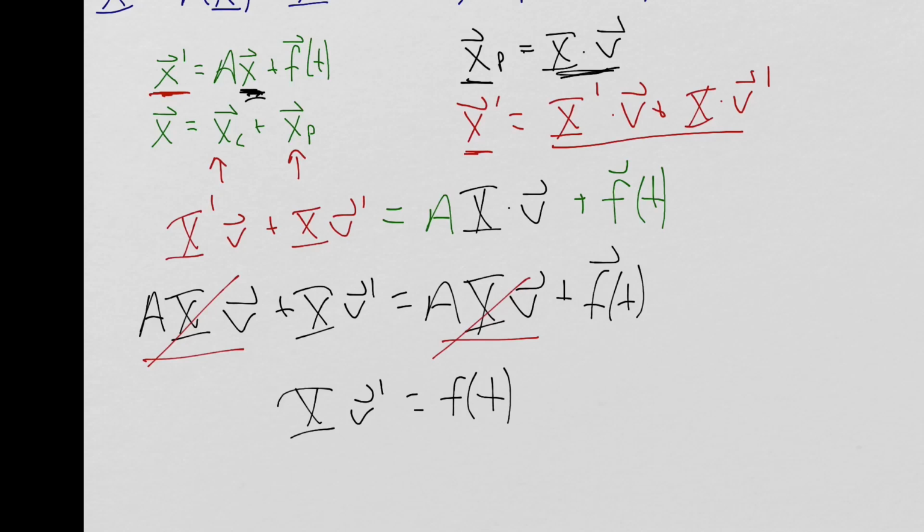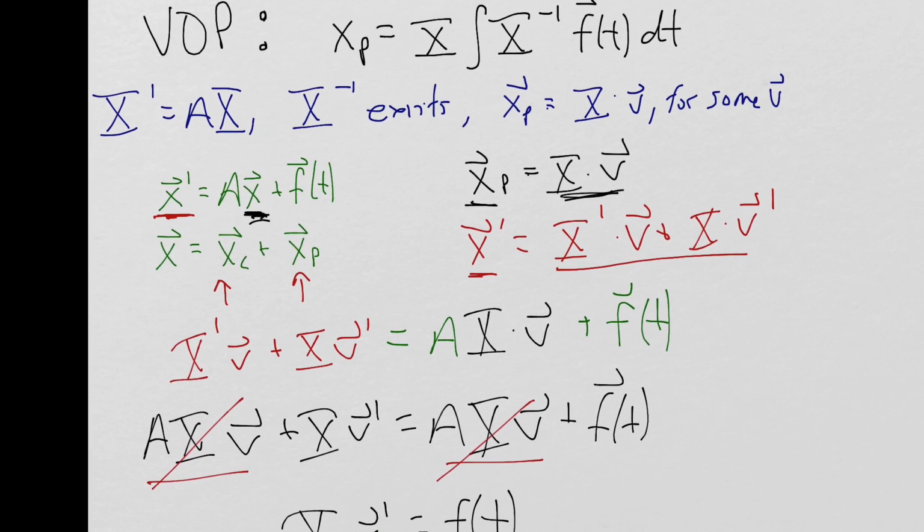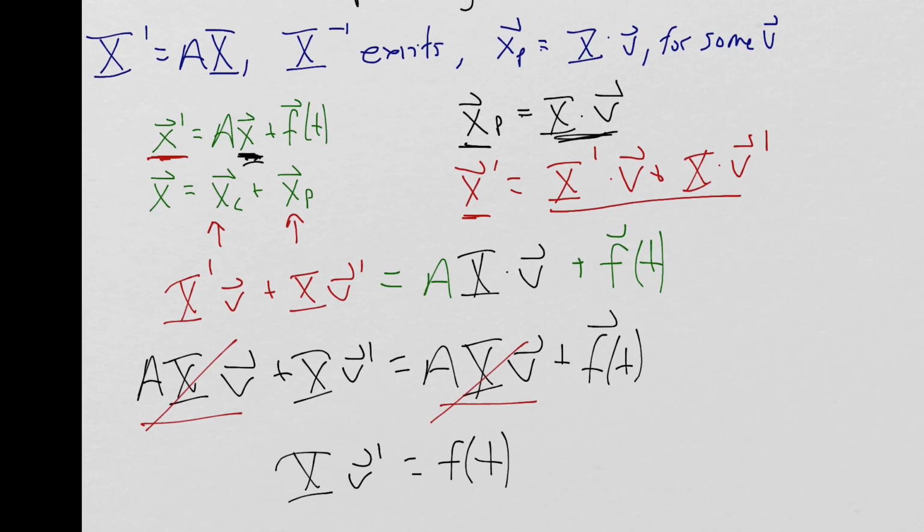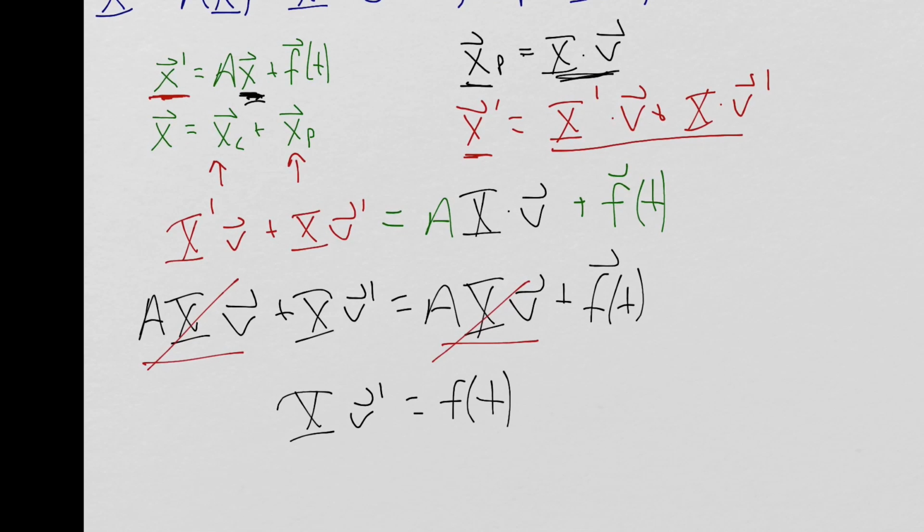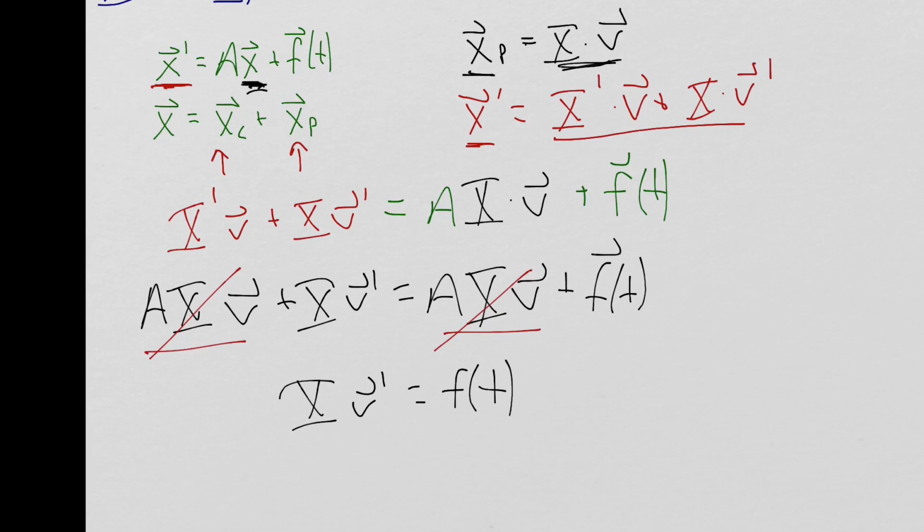Well, this line right here. Well, x inverse exists. What's that mean? That I can multiply on both sides by x inverse. So I'm going to multiply x inverse times x times v.